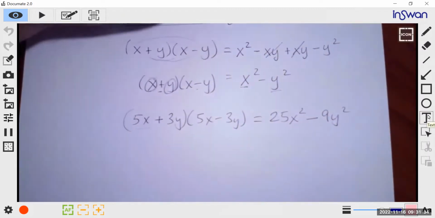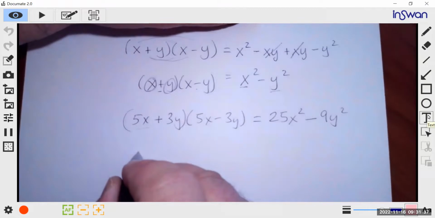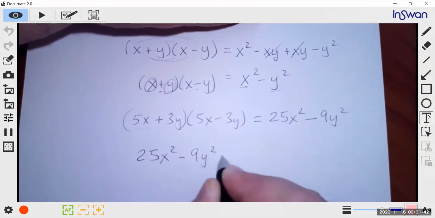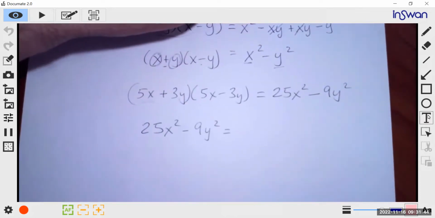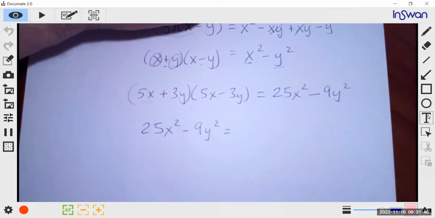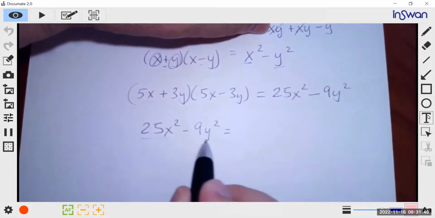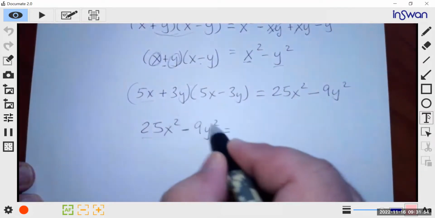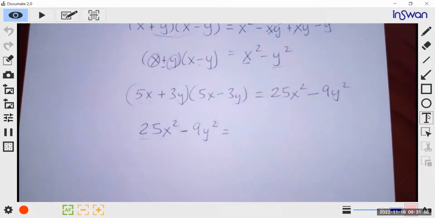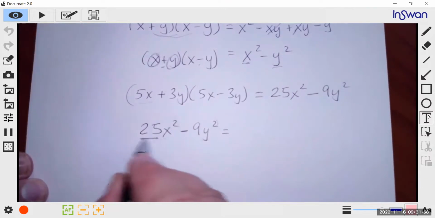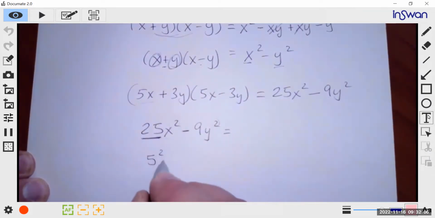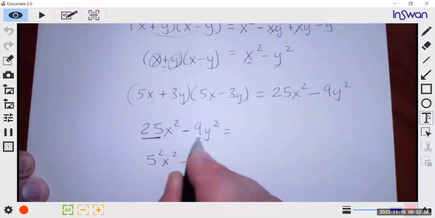Now we're going to work backwards. If you only have two terms and a minus in between, and there's a square, check to see if it's the difference of two squares. Is this number a perfect square? What's 25 made up of? 5 times 5, so it's 5 squared. What's 9 made up of?